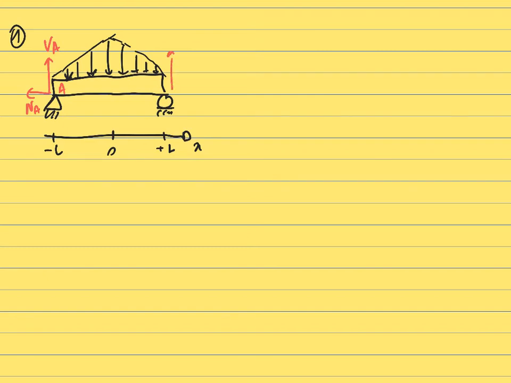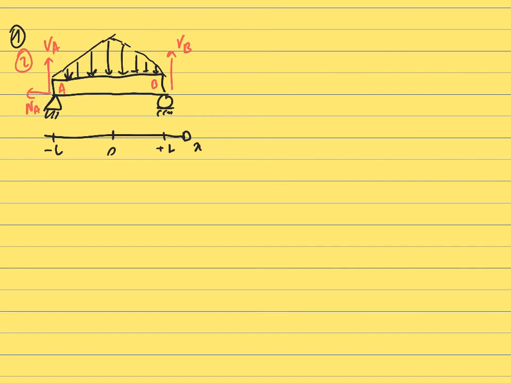Then you have another unknown force at the point B, which in this case is only a vertical force, because the roller doesn't prevent the motion of the beam left and right, it only prevents the beam from going up or down. So you only have a vertical unknown force that is going up. So that was step 2, which is to identify the unknowns.